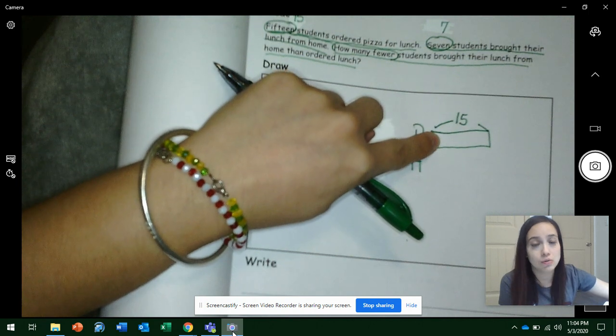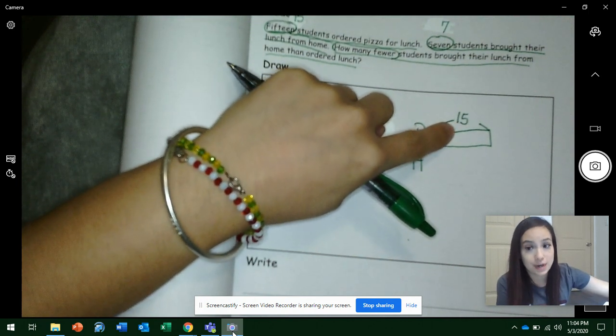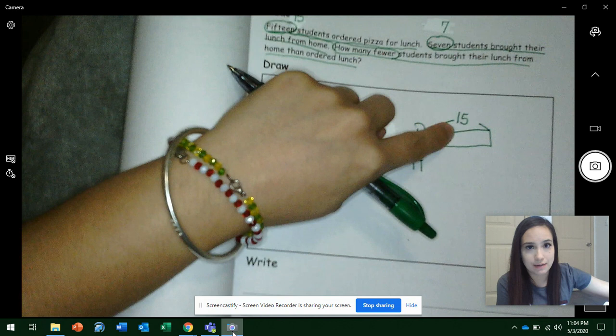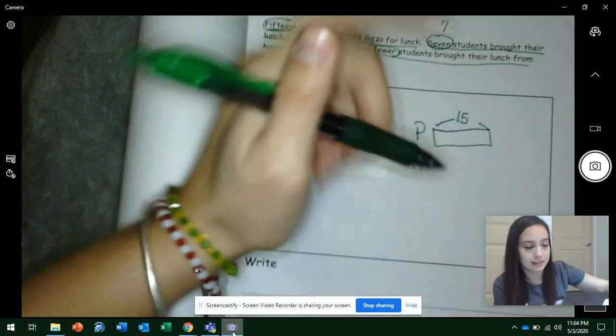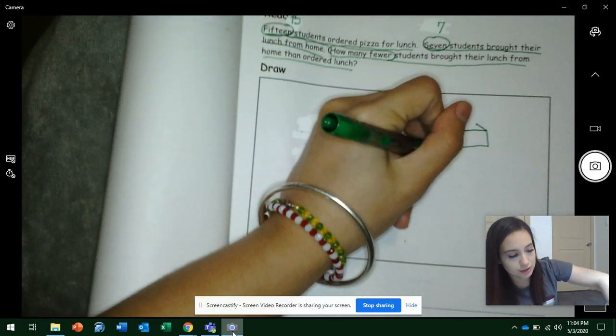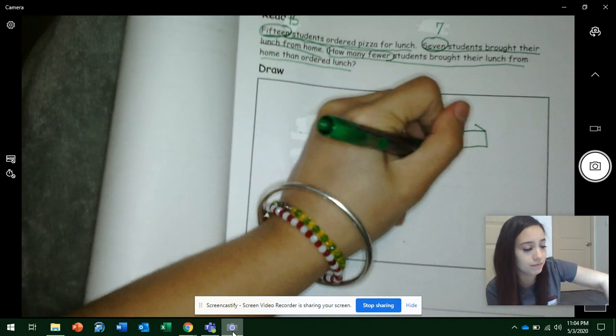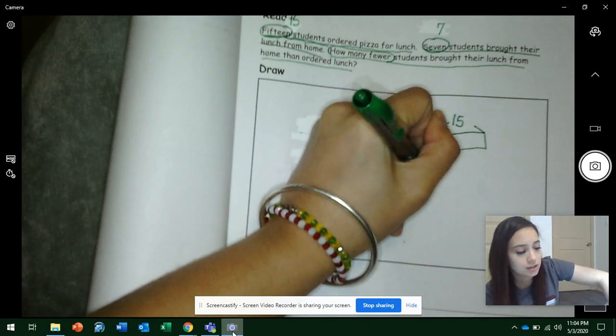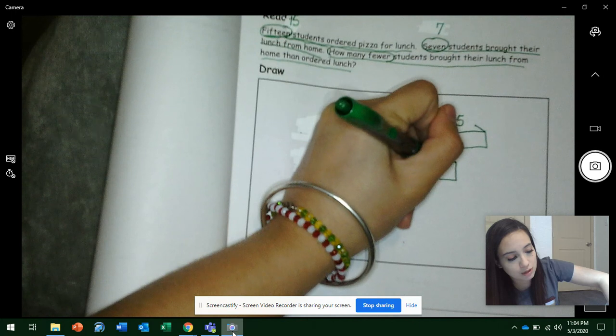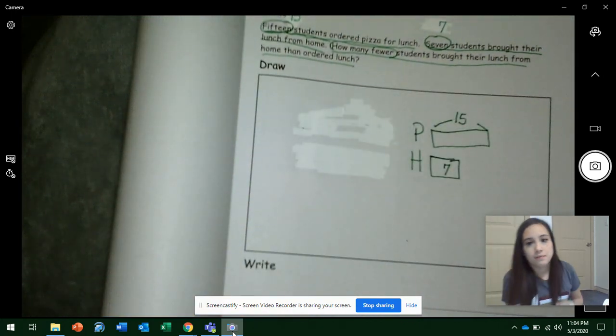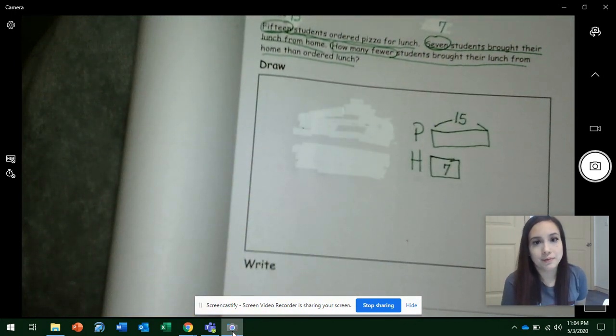It's not going to be equal size because is 7 greater or less than 15? Get ready. Yeah, it's less. So that means our tape diagram for the students who brought lunch from home has to be smaller. So I'm going to make it about this much smaller, and I'm going to put 7. Go ahead and do it.